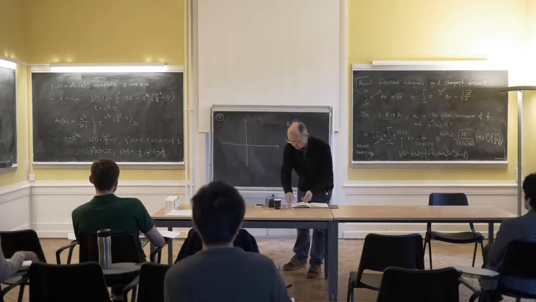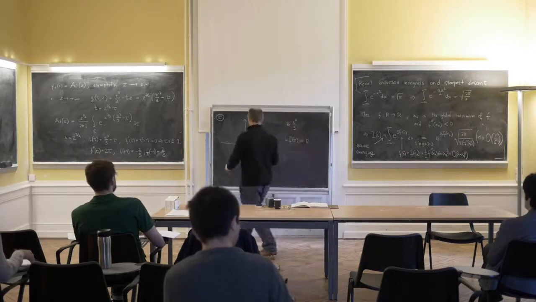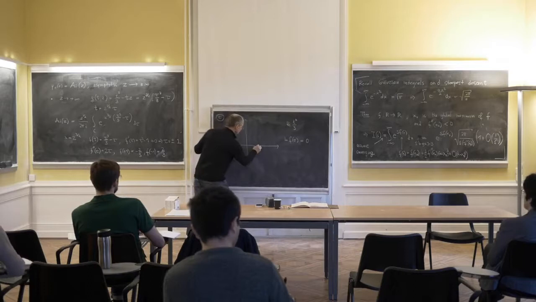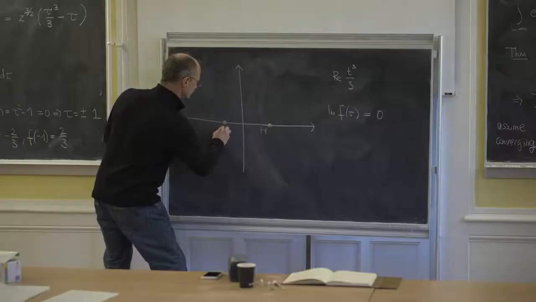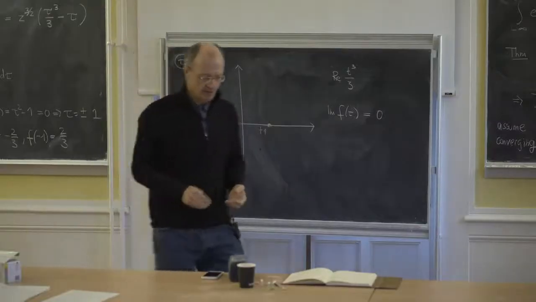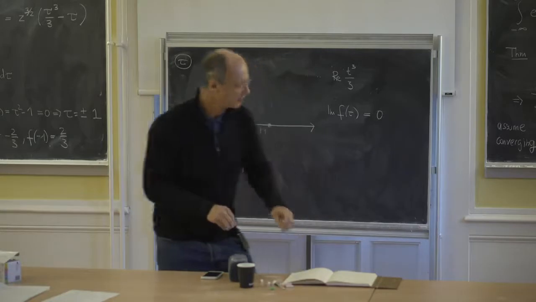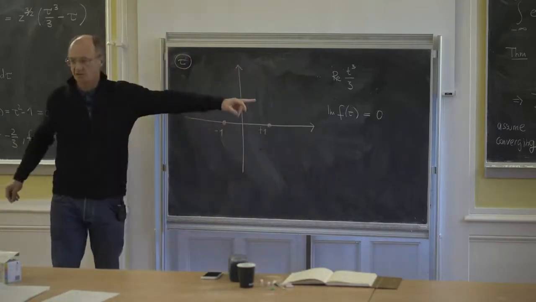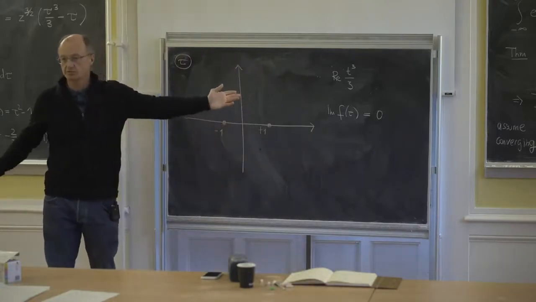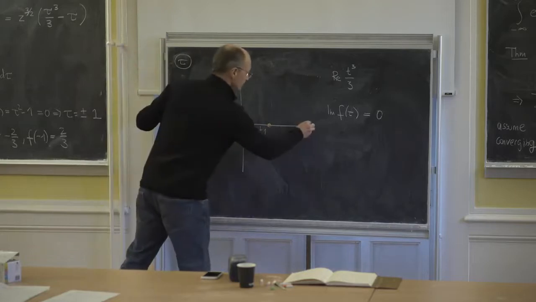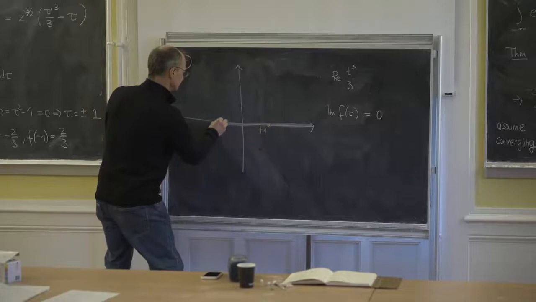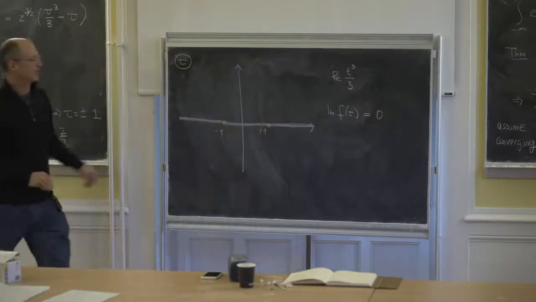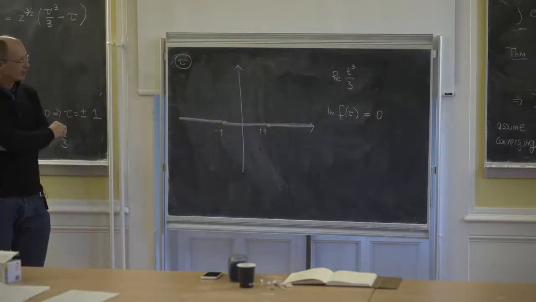First of all, let me mark those critical points. So this is plus 1, and this is minus 1. Clearly, on the real axis our function is real, so the real axis is the place where the imaginary part vanishes.